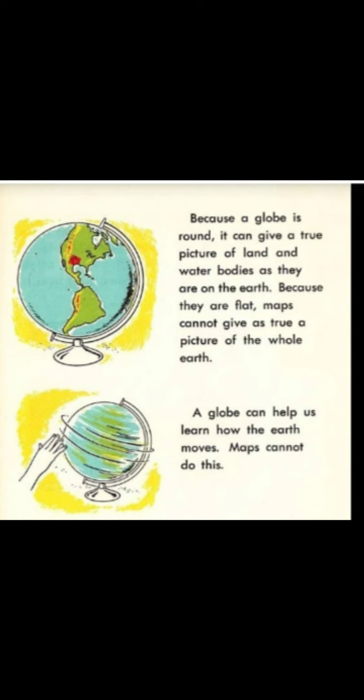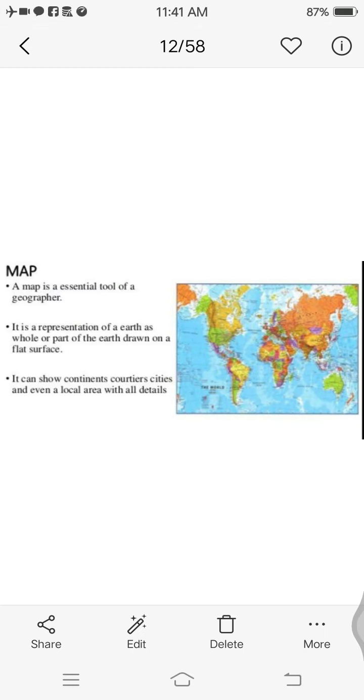The globe gives us the location. It also helps us look at the movements of the earth, how day and night occur, where the oceans are, and where the continents are.